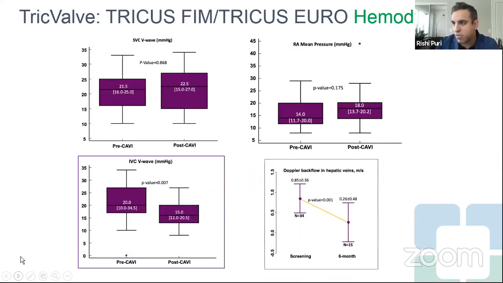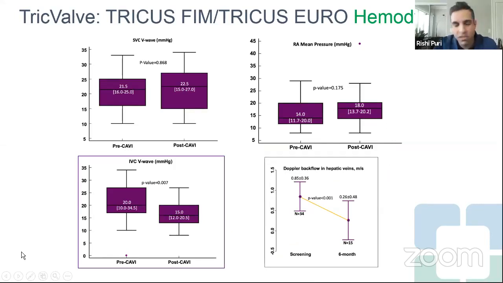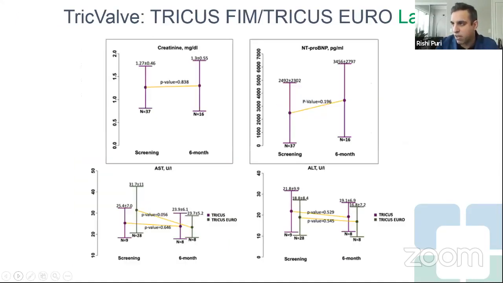From a hemodynamic perspective, we do see significant improvements in the V wave in the IVC, obviously the Doppler hepatic backflow in the hepatic veins, and no real significant changes in the mean right atrial pressures. So again, no major surprises here from a hemodynamic perspective. When we look at some laboratory indices, in some patients we expect to see perhaps an improvement in creatinine.